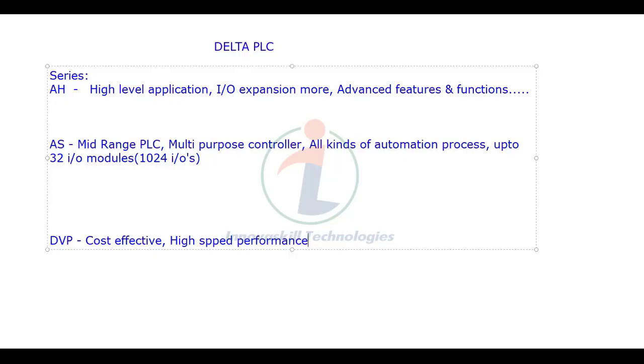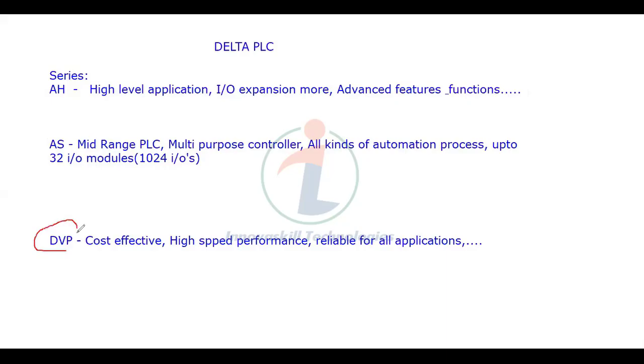High-speed performance, and this is also very reliable for almost all applications. So mainly this will be used for small scale applications and it is the most cost-effective PLC available. So nowadays, in most small scale industries, they are choosing this particular model only.